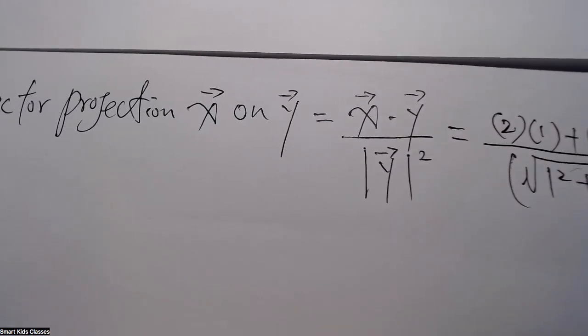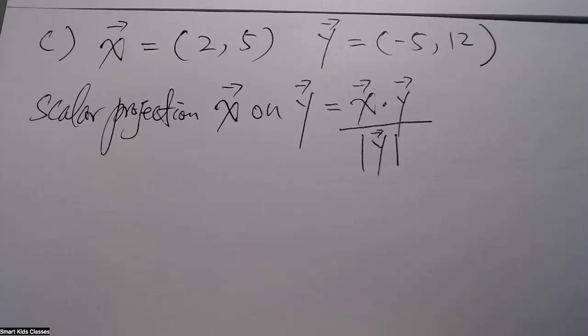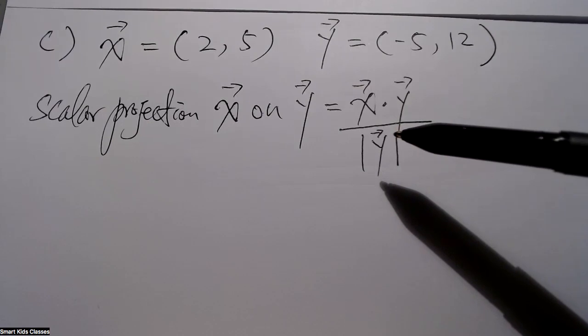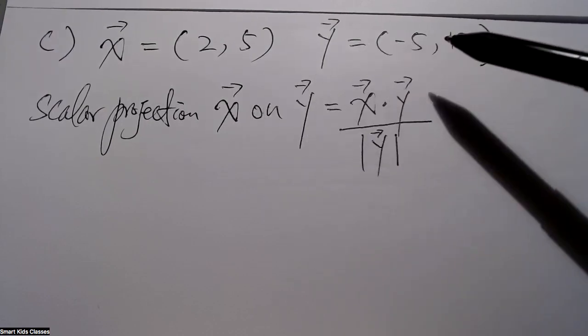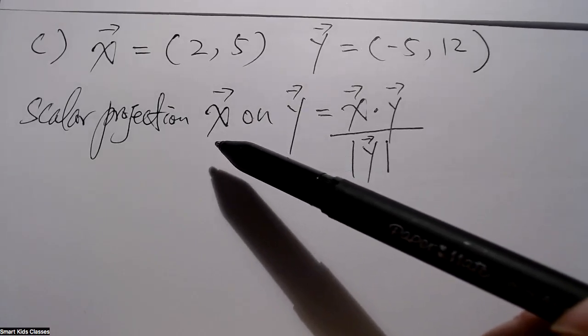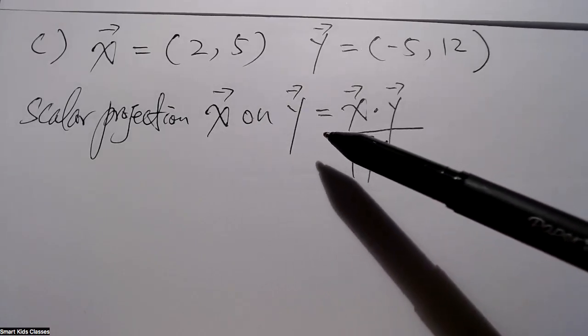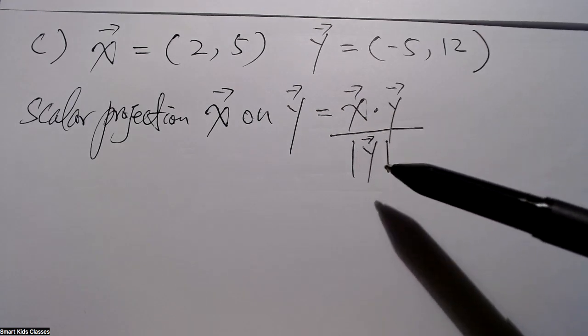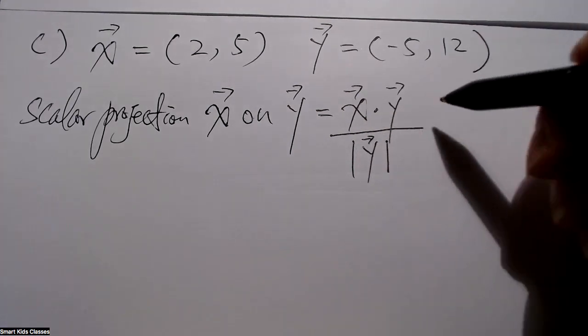Now we continue to the next. For question C, we have vector x and vector y. We apply the scalar projection first, vector x on vector y, which is vector x dot vector y divided by the magnitude of vector y.